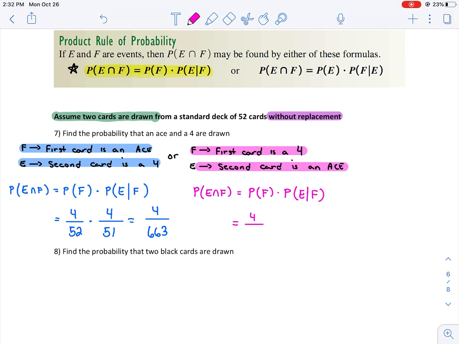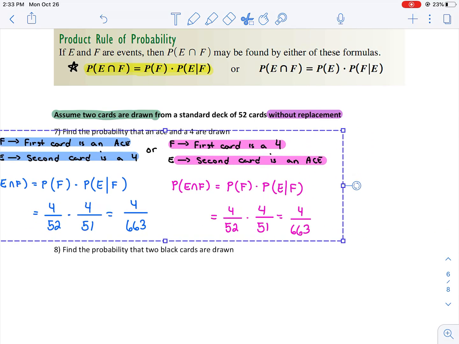So the probability of selecting a 4 first is going to be 4 out of 52. And since we're not replacing the card, we have 1 less card, so that will be 51. And we have to select the ace from the 51 remaining cards, so that'll be 4 divided by 51. And as a reduced fraction, that will be 4 divided by 663.